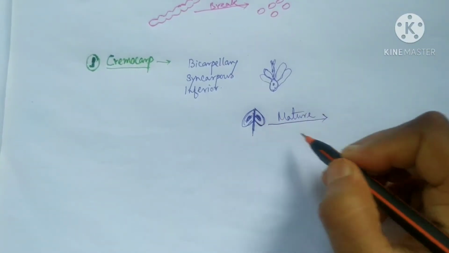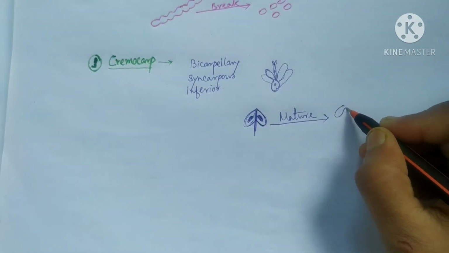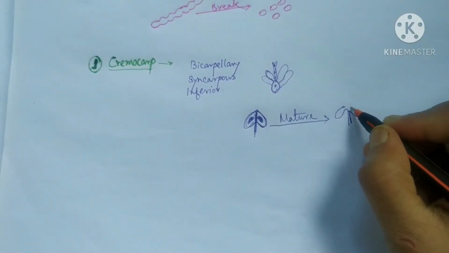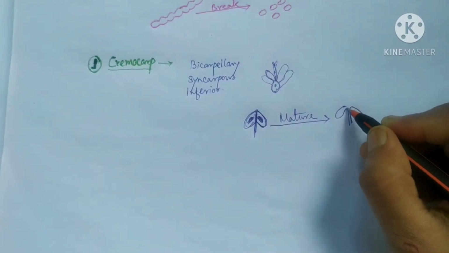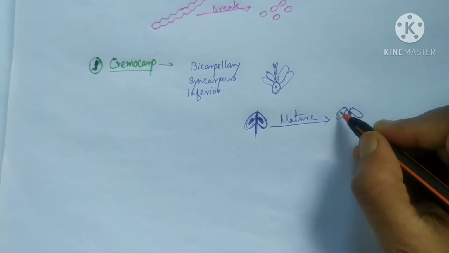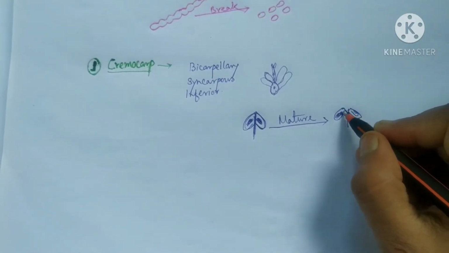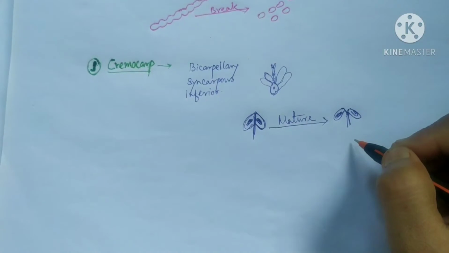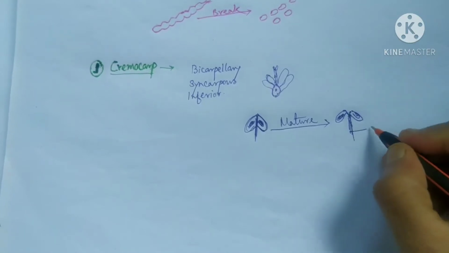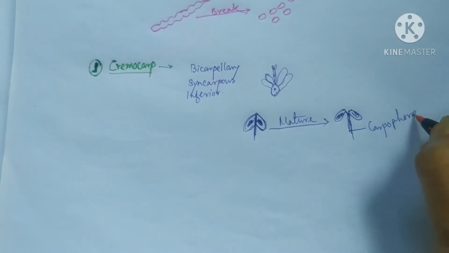So when the seeds mature, they separate from each other, but the tip portion stays fused or attached with these two parts, and this common axis is known as the carpophore.